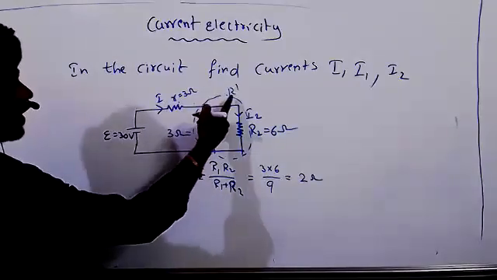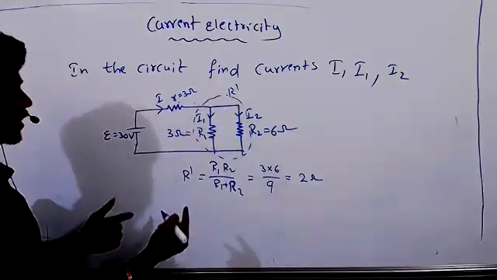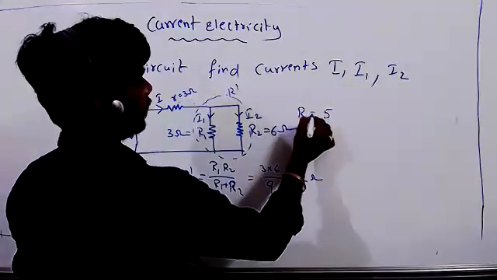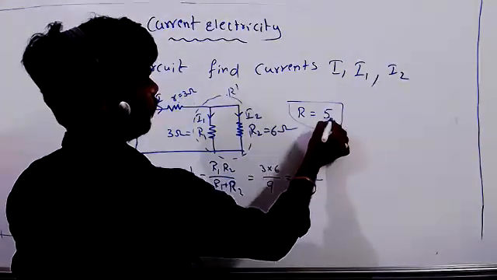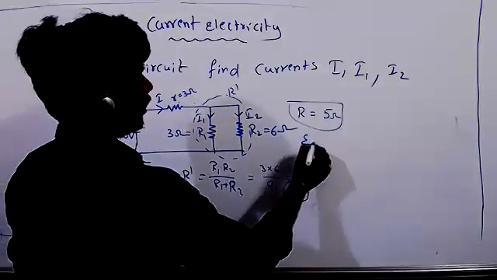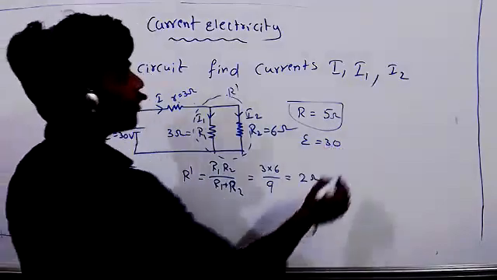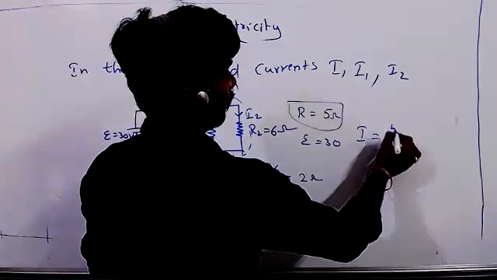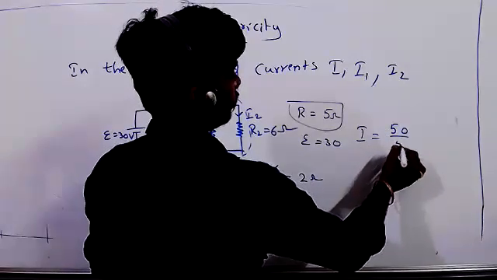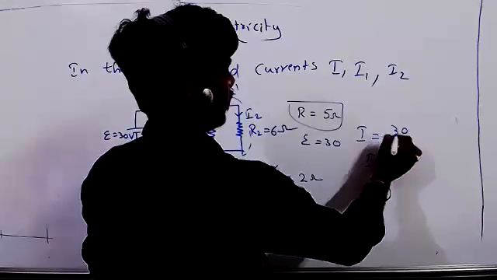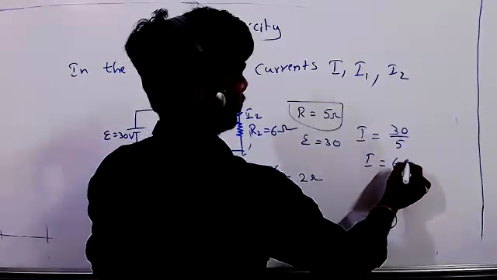Now this resistor and this resistor are in series, so you will get 5. So total resistance you will get 5 ohms. Here E is given as 30, so EMF equals 30. Current, how to calculate? I equals E by R, so I equals 30 by 5. You will get 6 amperes.